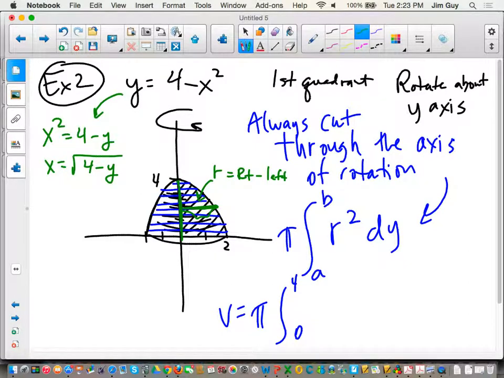That would be my radius then, because that would be the right side minus the left side, which is 0. So r equals the square root of 4 minus y minus 0, or in other words, the square root of 4 minus y, and that's the radius. And it's r squared, and then it's dy.